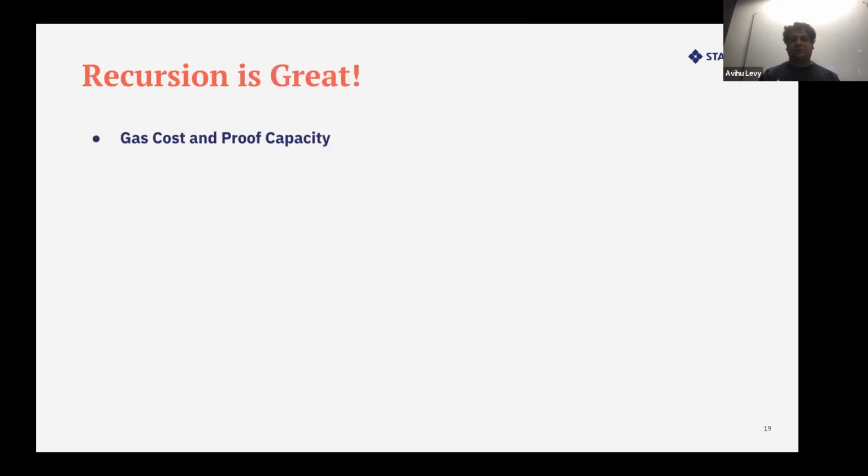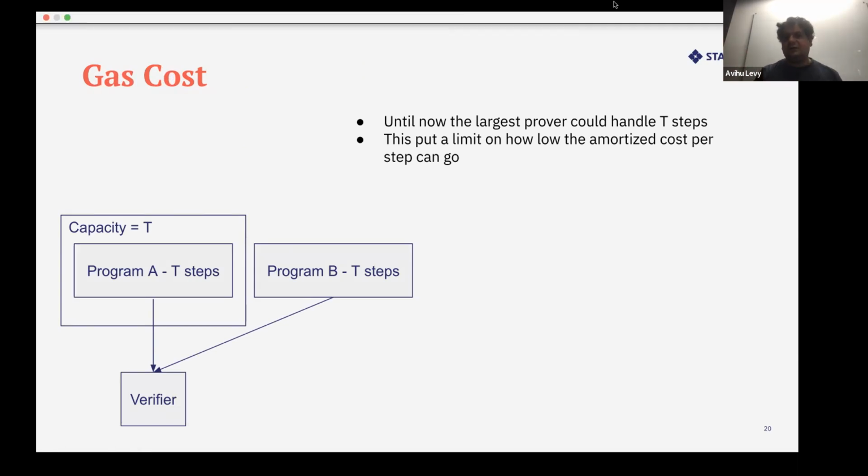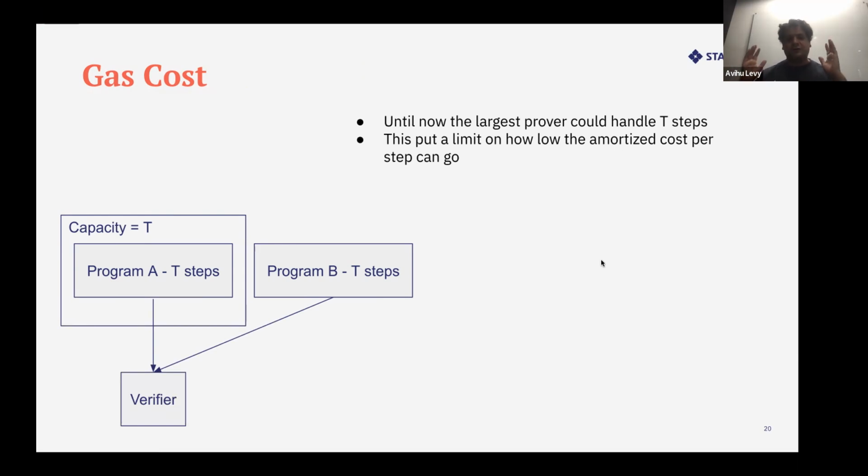So let's talk about the benefits and why we want recursion. One clear benefit is that we can reduce the amortized gas cost per transaction and increase the proof capacity. How do we do that with recursion? Up to this point in time, when we at StarkWare generate proofs, we are limited. Say the strongest machine we could find anywhere can prove T steps of some program in the largest possible setup.